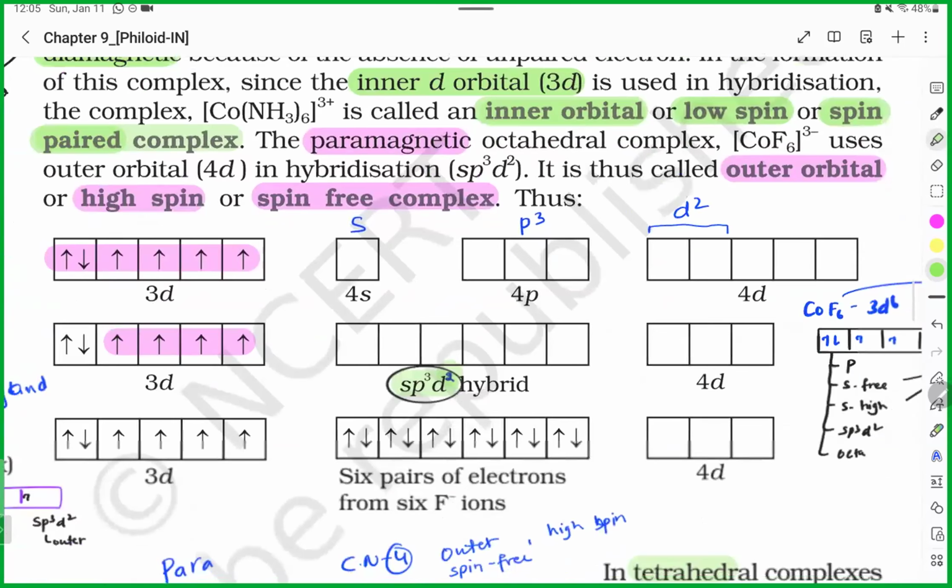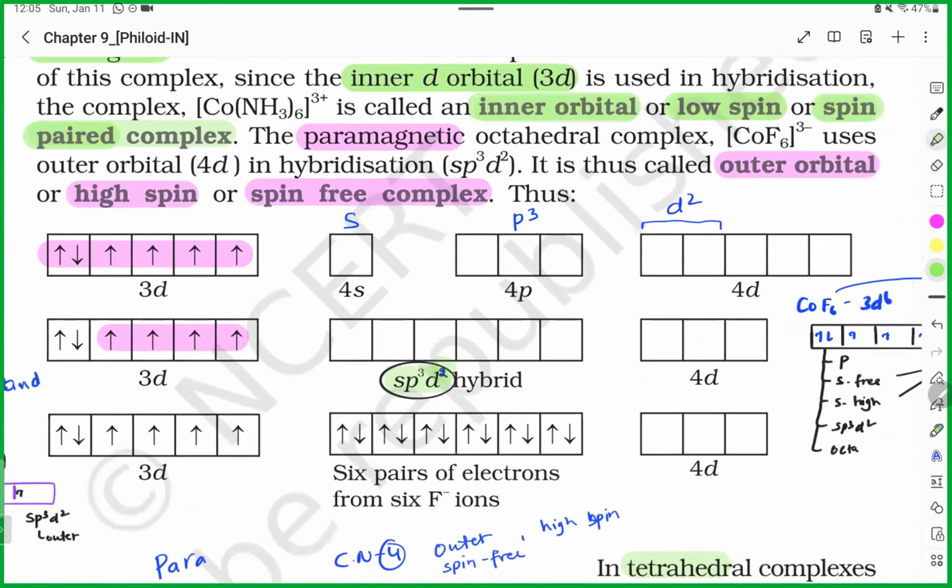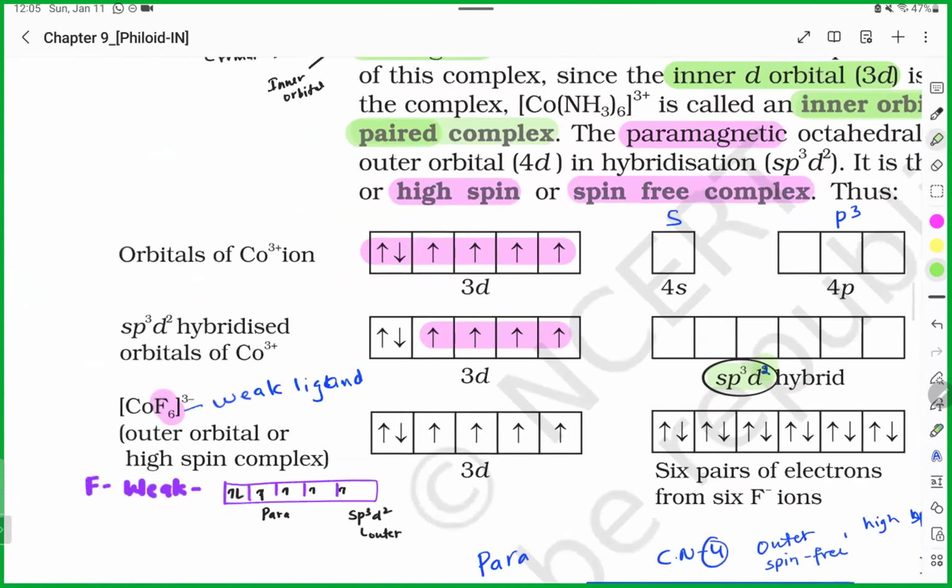But if you take CoF6, you have to focus that this fluorine is a weak ligand. Weak ligand cannot cause pairing. So if normal cobalt has 3d6 electrons, you cannot cause pairing.